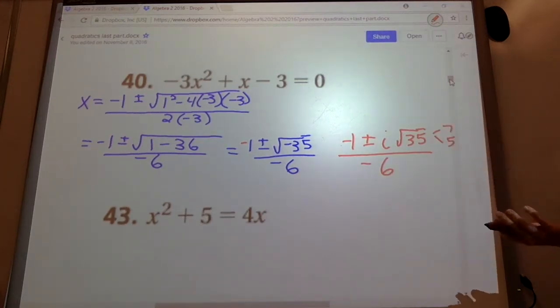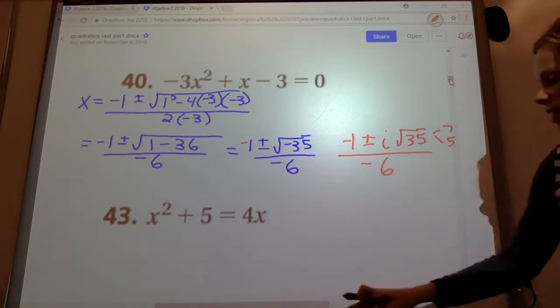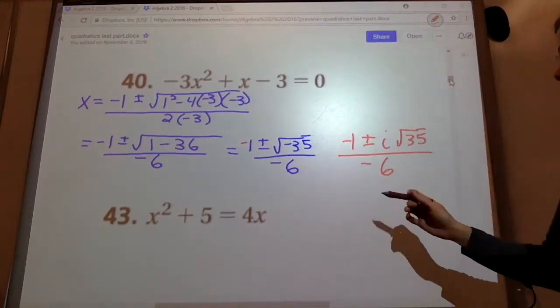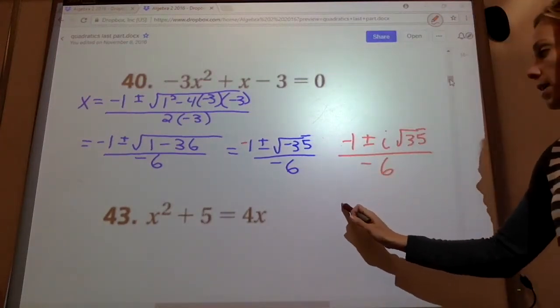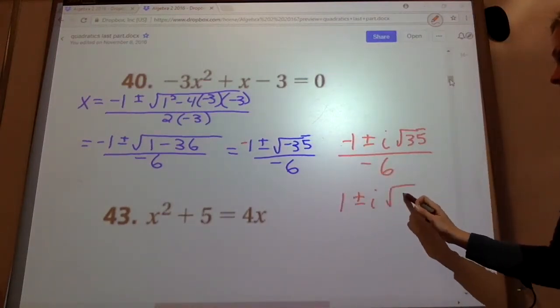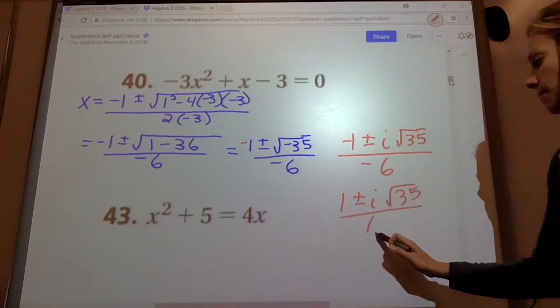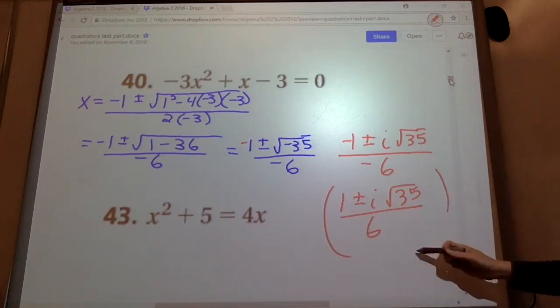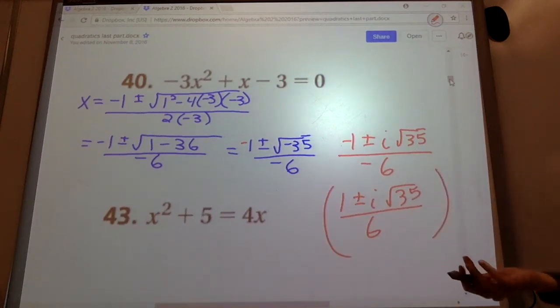So really that's my answer. I'm done there. If you wanted to go one step farther and really make it look professional, you would take this double negative and make it positive. But if you left it like this on the test, I wouldn't count that wrong, right? But this would be like what you'd see in the back of the book. They would take those negatives out.